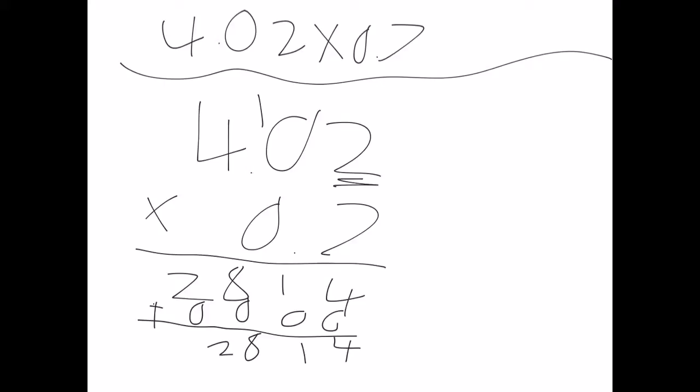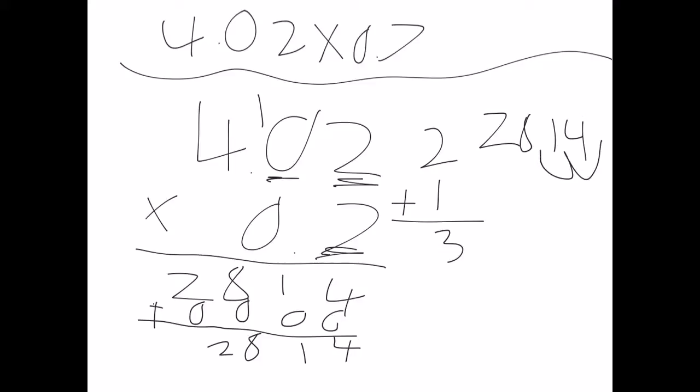So we have 1, 2, 3. Now you take your final answer and put the decimal, and that's your answer, 2.814.